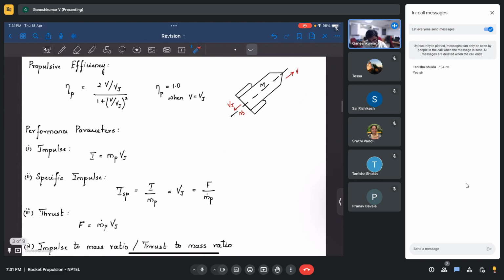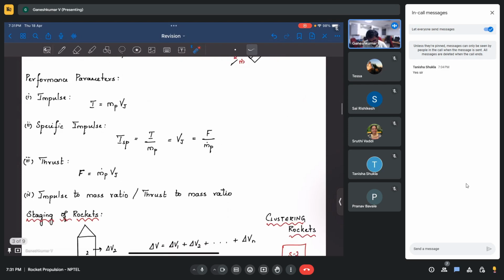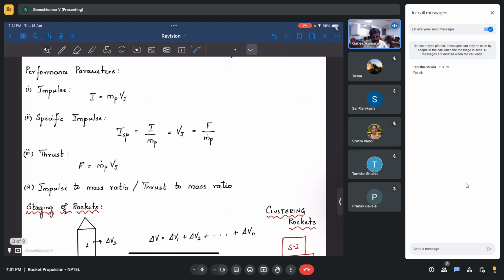All right, so those are some important parameters, and then comes the performance parameters, which we deal with like every week of this course. In every assignment we have to come and revisit this again and again. These are the important performance parameters. Basically, these two are more important than the impulse.